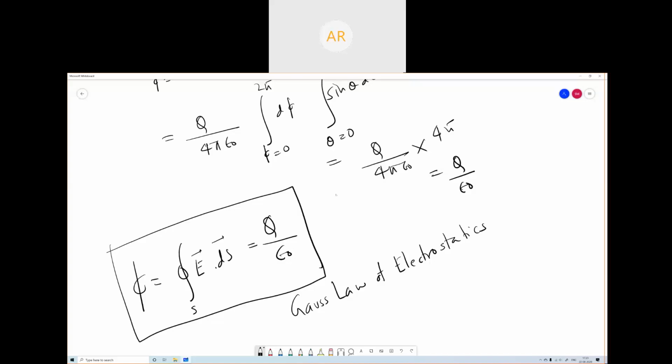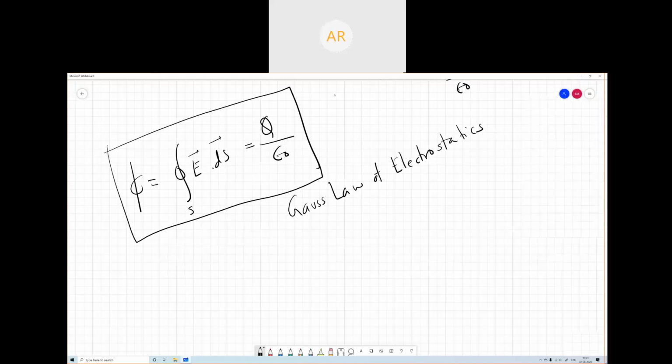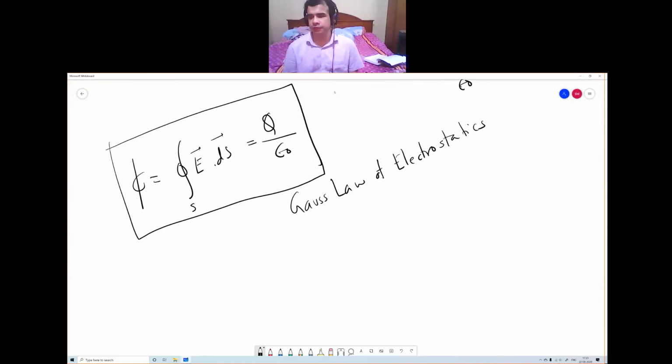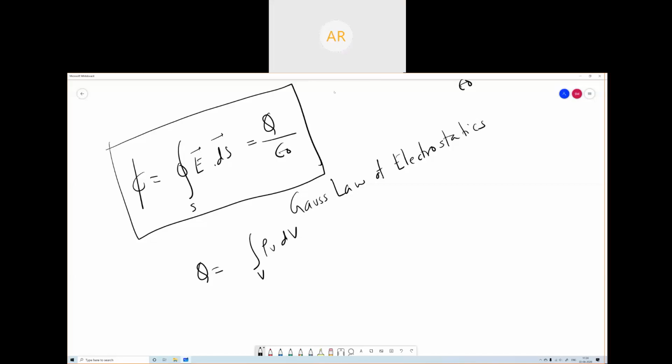Let us just go along a little bit. Assume that there is a charge density in the sphere, and Q is equal to the volume integral of rho v dv. There is a volume charge distribution somewhere in the surface, and the total charge is simply the integral over the volume of rho v dv.